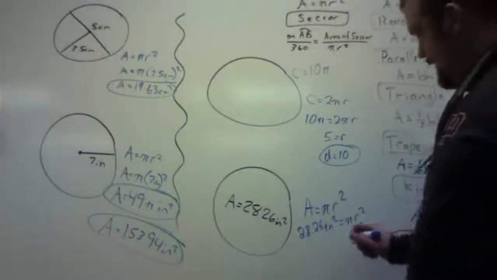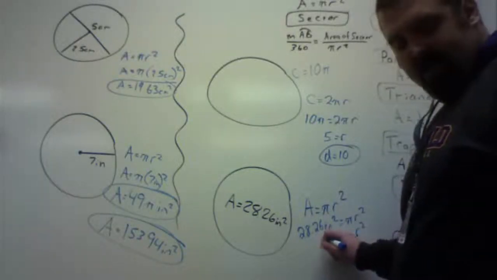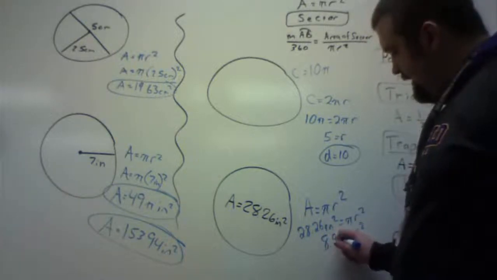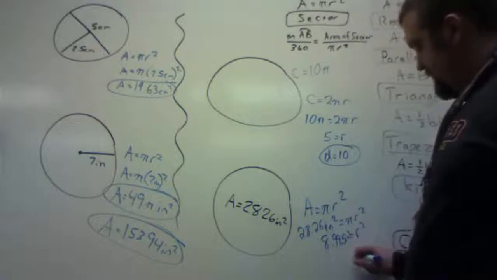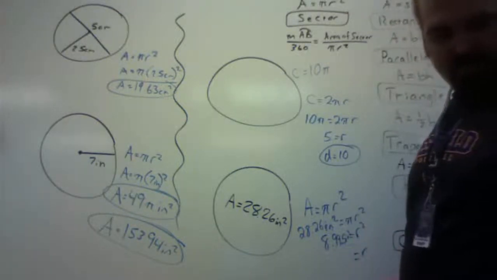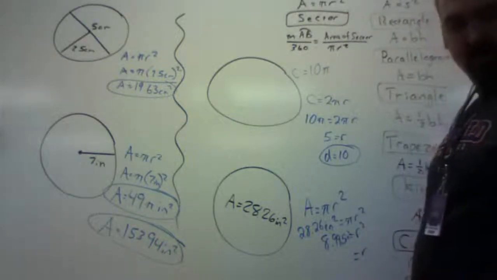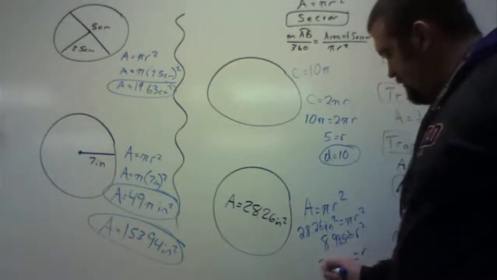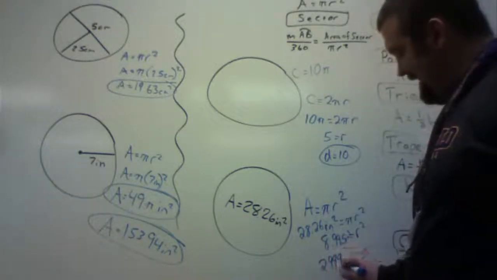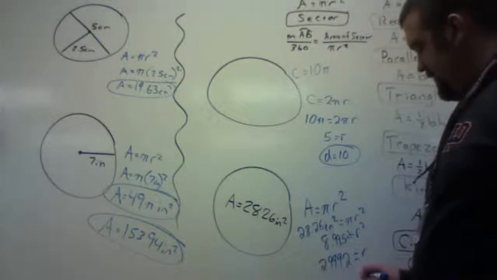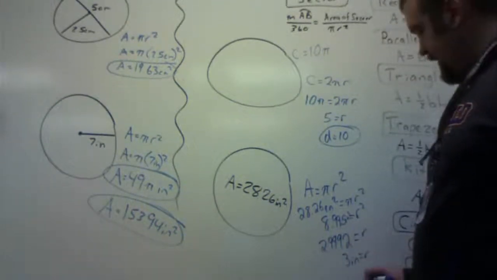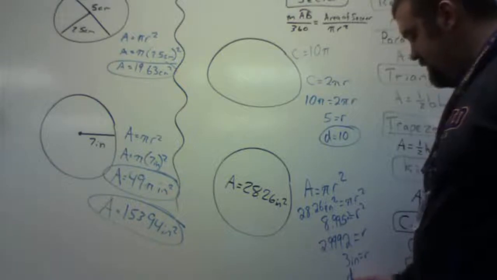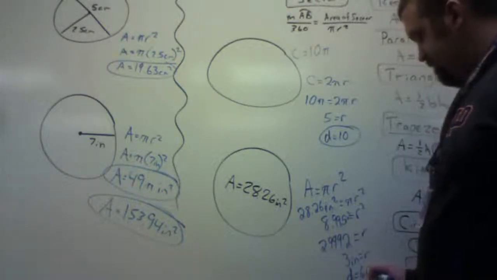So 28.26 divided by pi is a number real close to 9, 8.995 inches squared. Square root both sides. Even when I'm using the full number, I get 2.9992, or r is 3 inches. So that means the diameter is 6.